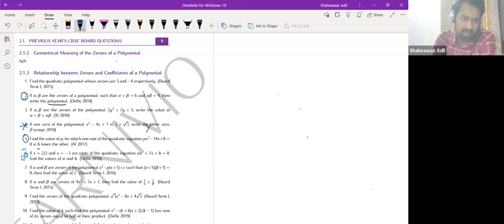Yeah, the sixth problem is also good. So please try this question. Two roots are given: x equals 2 by 3 and x equals minus 3.